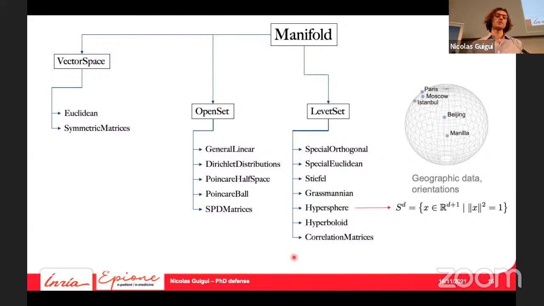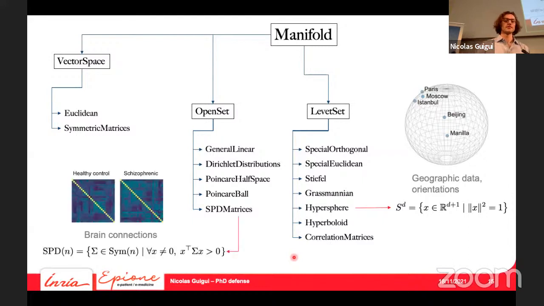And we have open sets that correspond to the case where the manifold is defined by an immersion, where the immersion is the inclusion map. So it is for the case where the dimension of the manifold is the same as that of the ambient space. This is the case of the space of symmetric positive definite matrices that are used in applications to model covariance matrices of signals, for example, of brain connections.